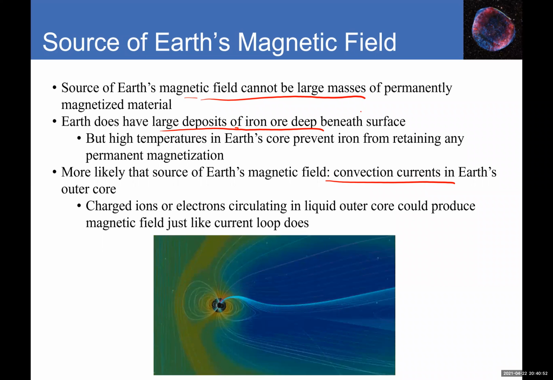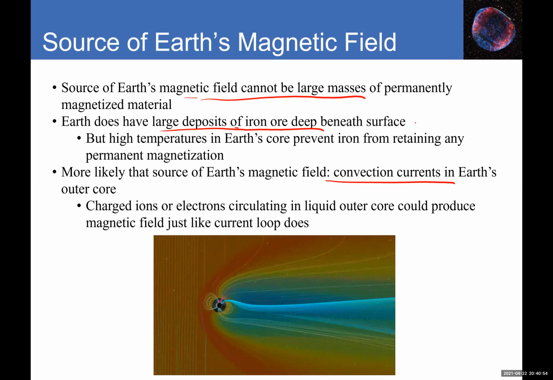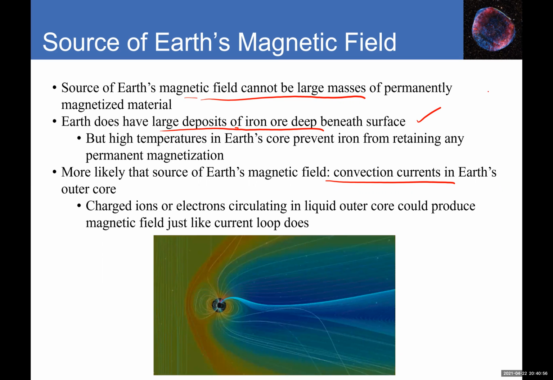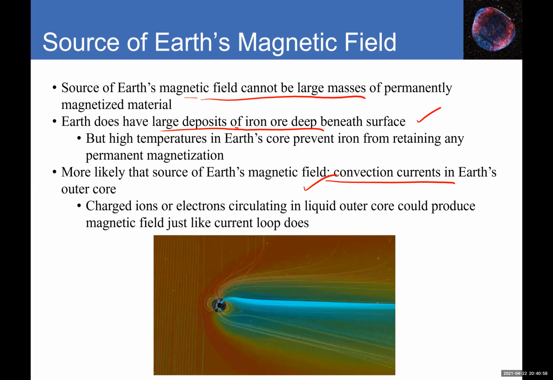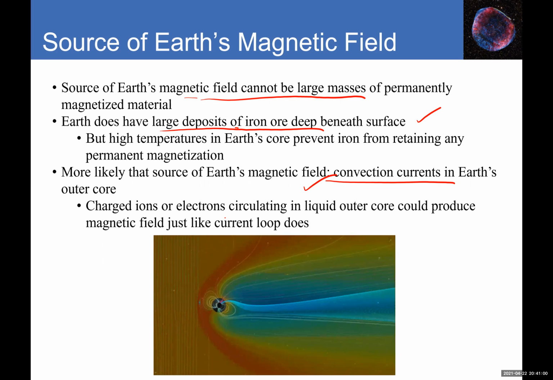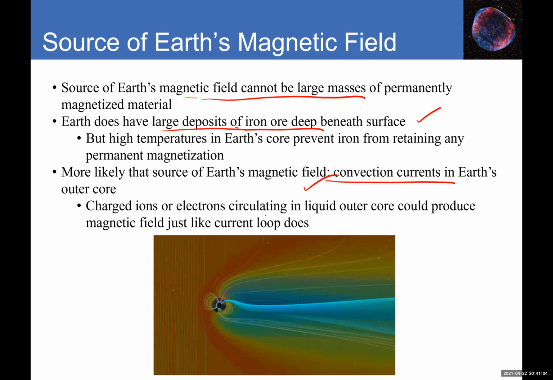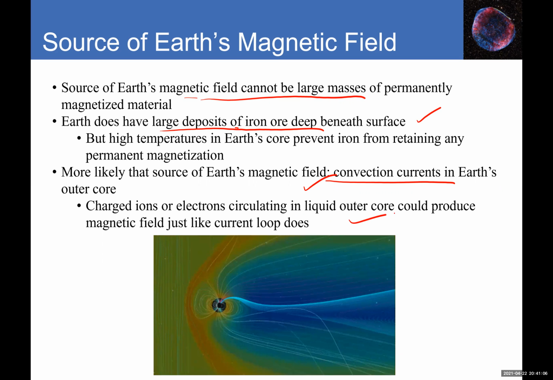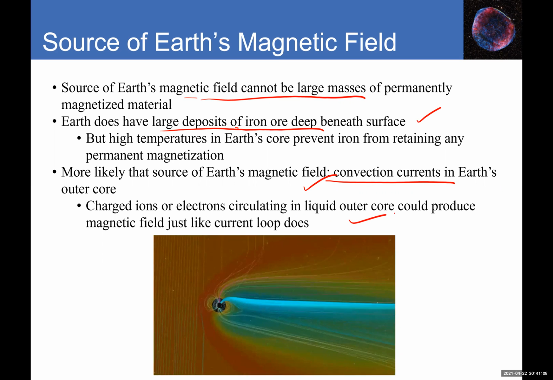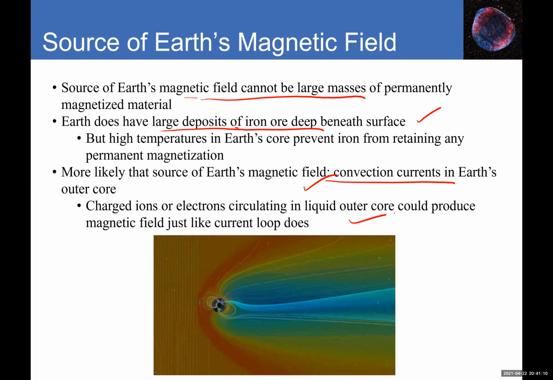So it could be a combination of the iron ore deposits and the convection currents. Then we have charged ions and electrons circulating in the liquid outer core. They would provide a magnetic field just like a current does in a loop.